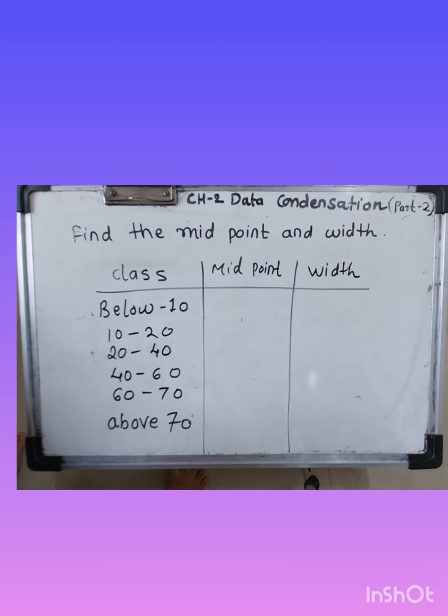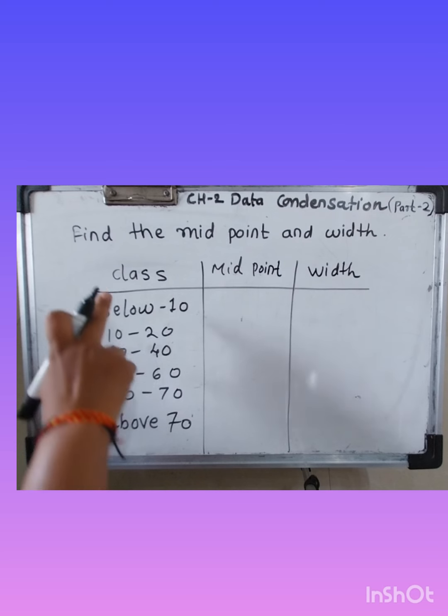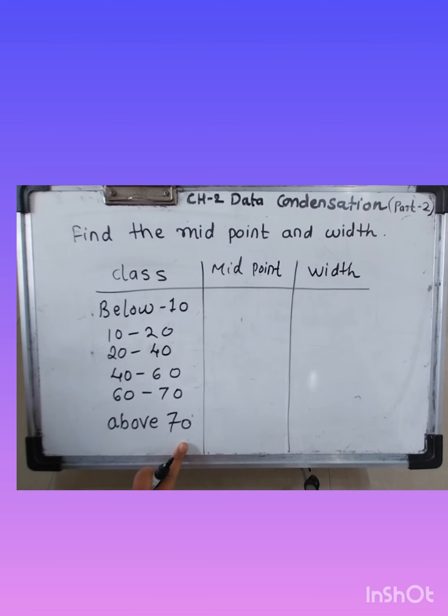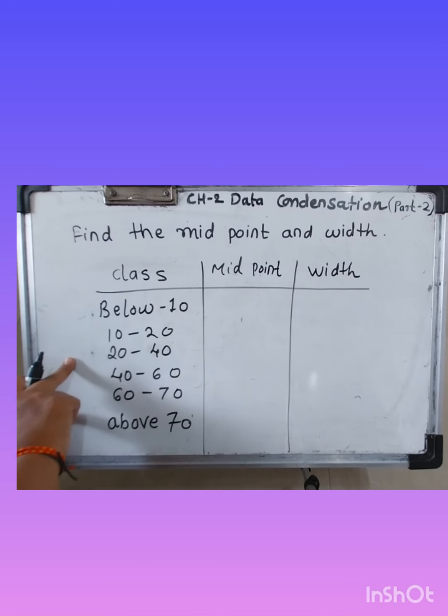See the example. What is the example? Find the midpoint and the width. These are the classes: below 10, 10 to 20, 20 to 40, 40 to 60, 60 to 70, above 70. Here two classes are open end classes.